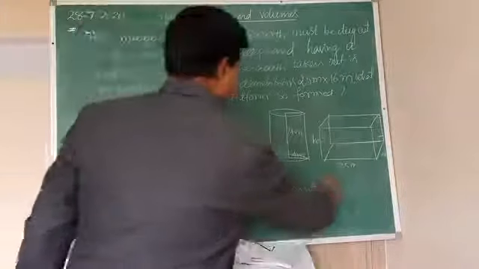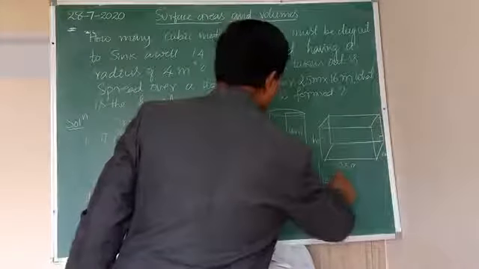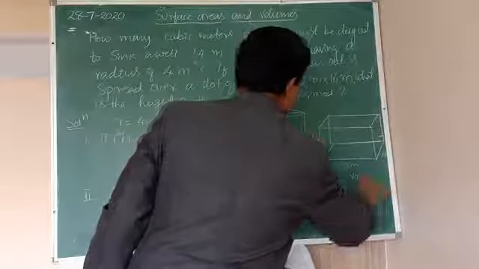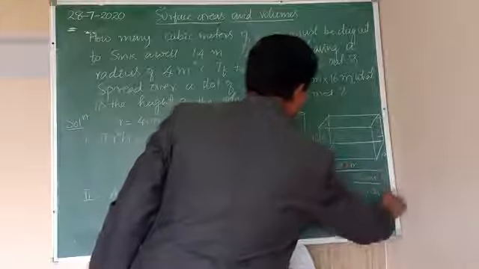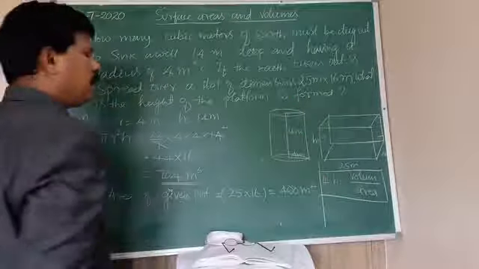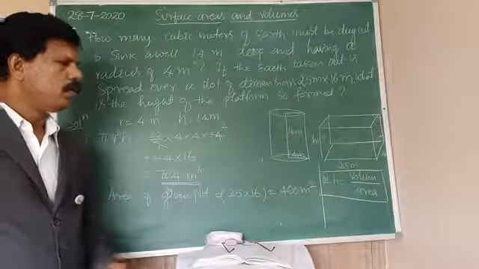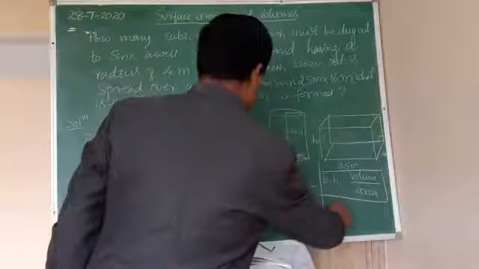So, third part, height H is equal to volume by area. So, this is another formula to find the height of the platform. What you should use? Volume by area. So, what is the volume?